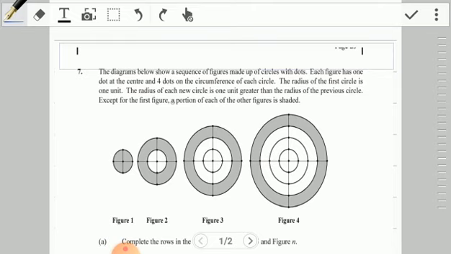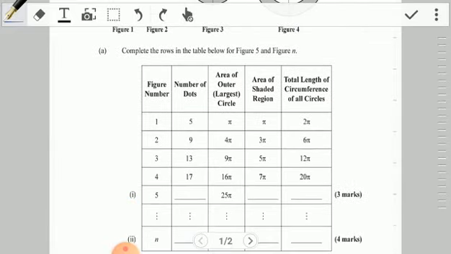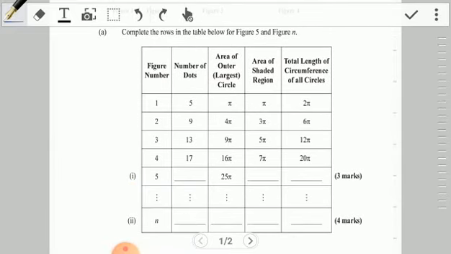The radius of each new circle is 1 unit greater than the radius of the previous circle, except for the first figure. A portion of each of the other figures is shaded. Everything they said here is in the table, so basically we just need to look at the table and study the pattern.